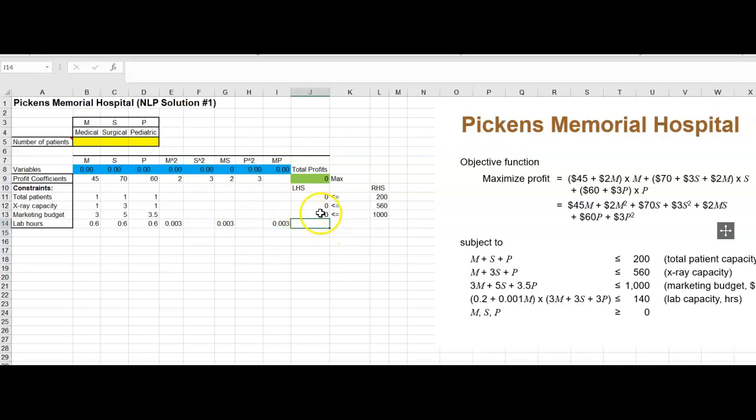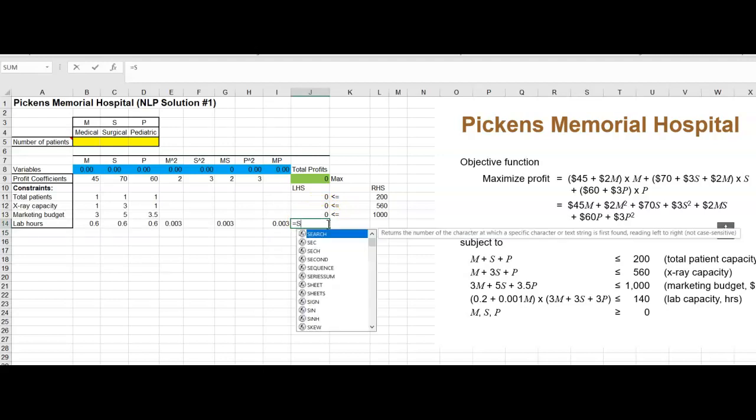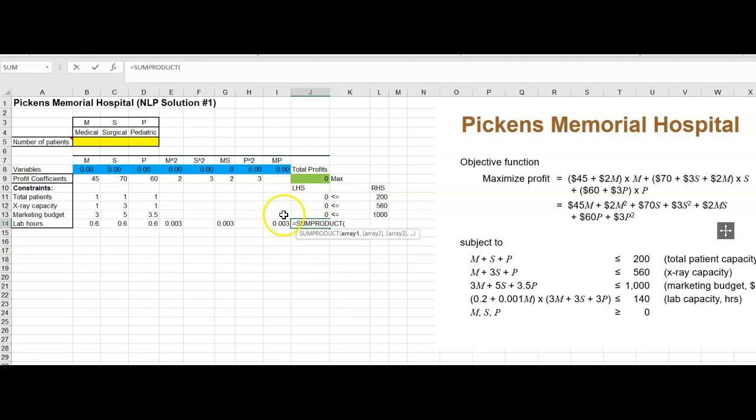And then again, I can drag down the left-hand side formula from up top, but I have to make sure that I've included this additional column that I created, so I'm typing it manually myself. And that needs to be less than or equal to 140.